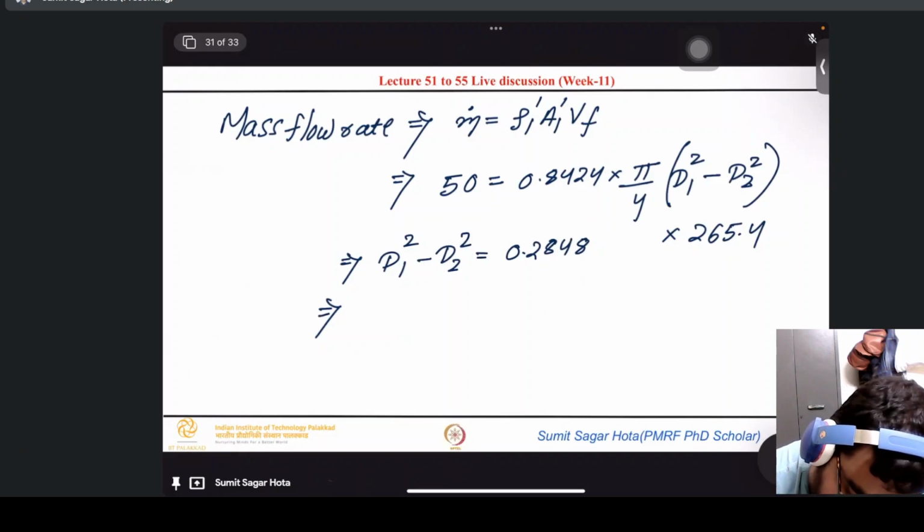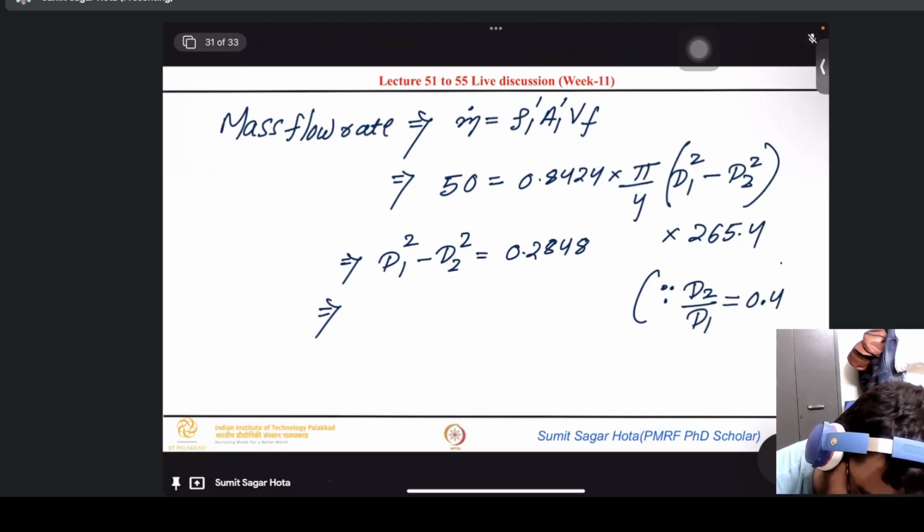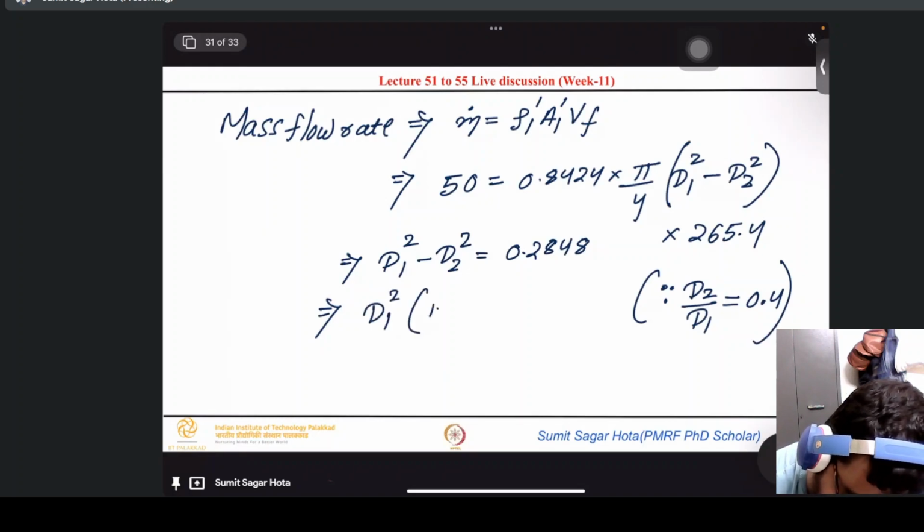In the question it's given hub tip ratio, that is d2 by d1 is equal to 0.4. So take d1 squared common, 1 minus (d2 by d1) whole squared, that is 0.4 whole squared.